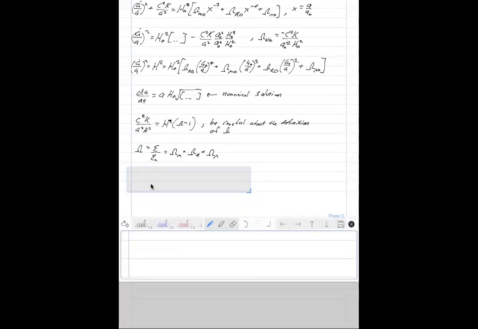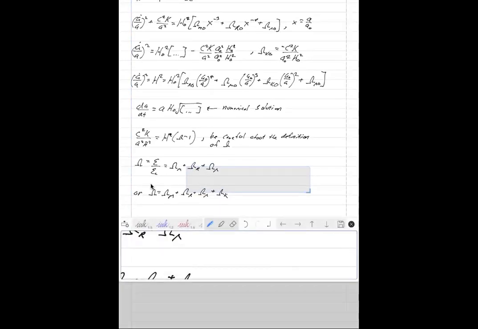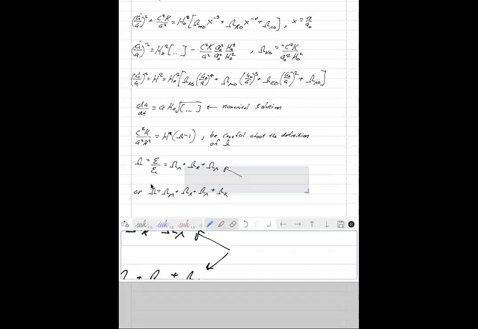There is a tendency sometimes for people to write omega is equal to omega matter plus omega radiation plus omega lambda plus omega k. So which of these is the definition for omega? It depends upon context. It depends upon the person.